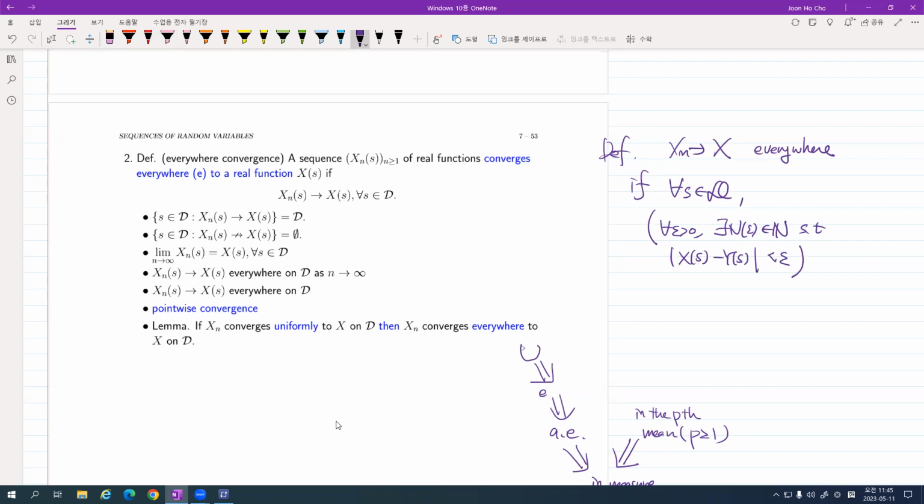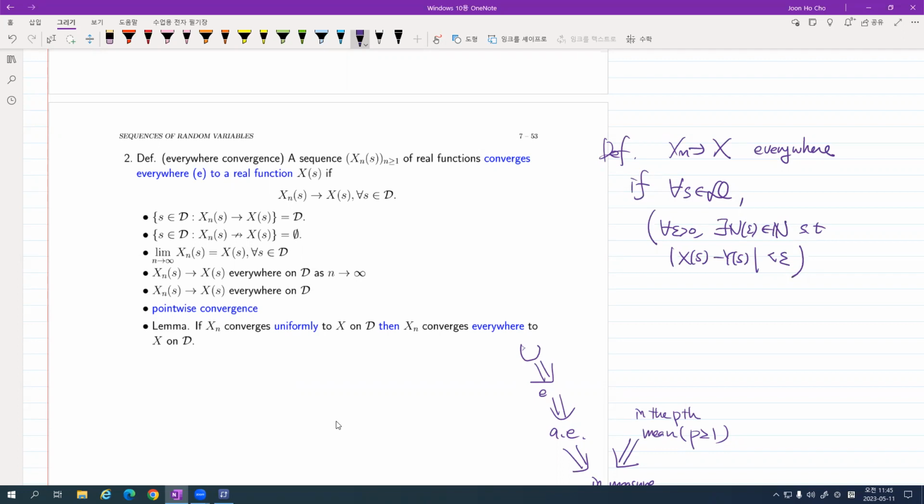You may ask, are they the same or not? The uniform convergence and convergence everywhere, it seems they are the same. Is it true or not? It's not. If you remember correctly, in the uniform convergence definition, this for every s in the domain was here.